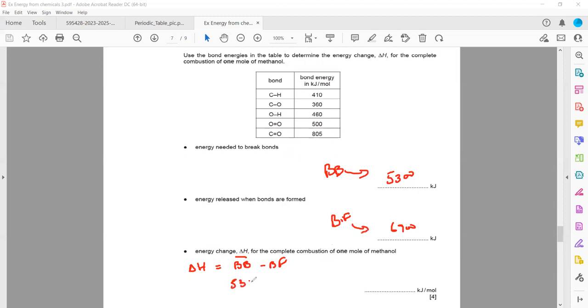So 5,300 minus 6,900, that will give us 1,600, sorry, this 5,600 was there, not 300. So 5,600 minus 6,900 will be minus 1,300 kilojoules per mole.